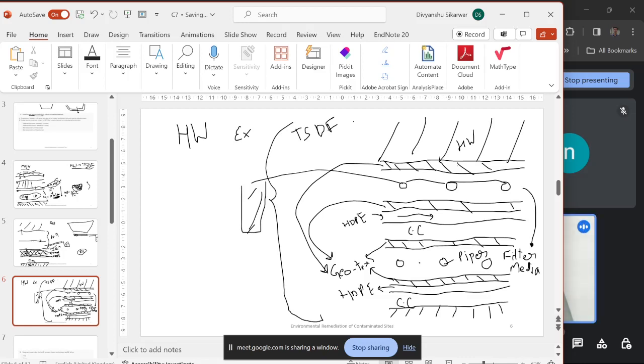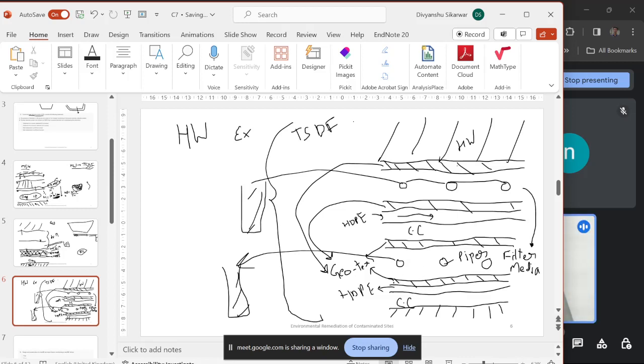If the leachate comes into the second filter media, and the pipes in this second filter media are also connected to a well, then if leachate shows up in the second well or secondary well, that means this first HDPE layer has punctured and the leachate is showing up in the secondary.